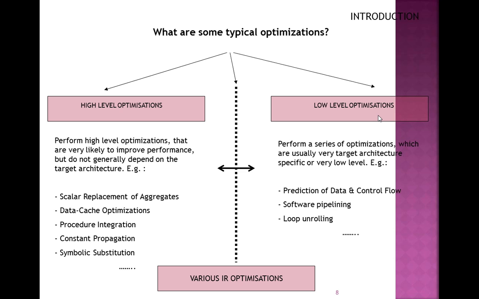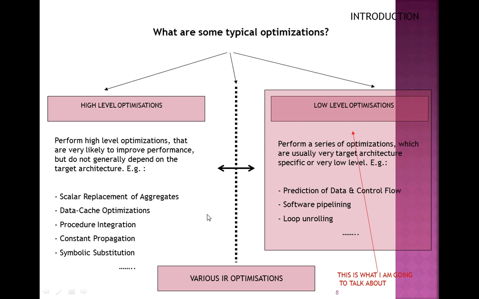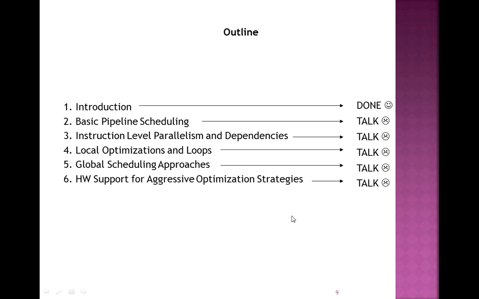Examples are software pipelining and loop unrolling. So today I am focused on these topics: loop unrolling, software pipelining, and multiple parallelism. This is what I am going to talk about today.